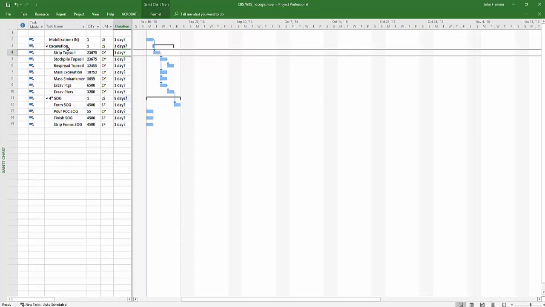So if I knew what the production rate of my crew was to complete this 23,675 cubic yards in stripping topsoil, if I knew how many I could complete in a day, then I would know how many days I needed.